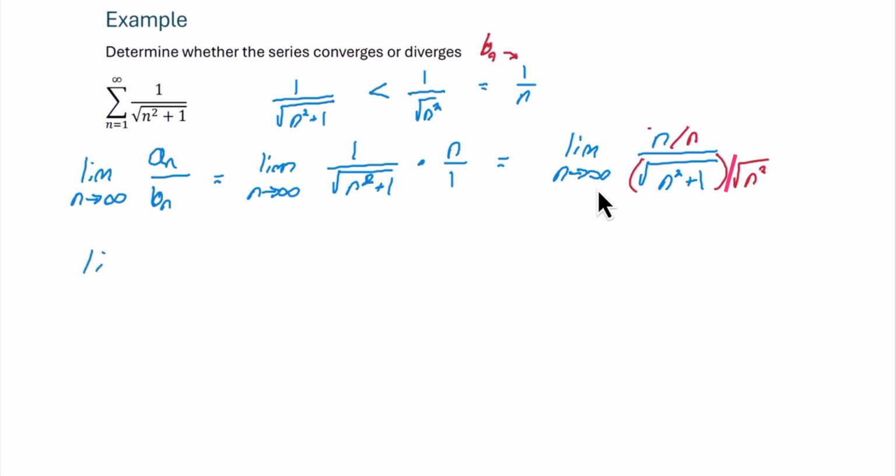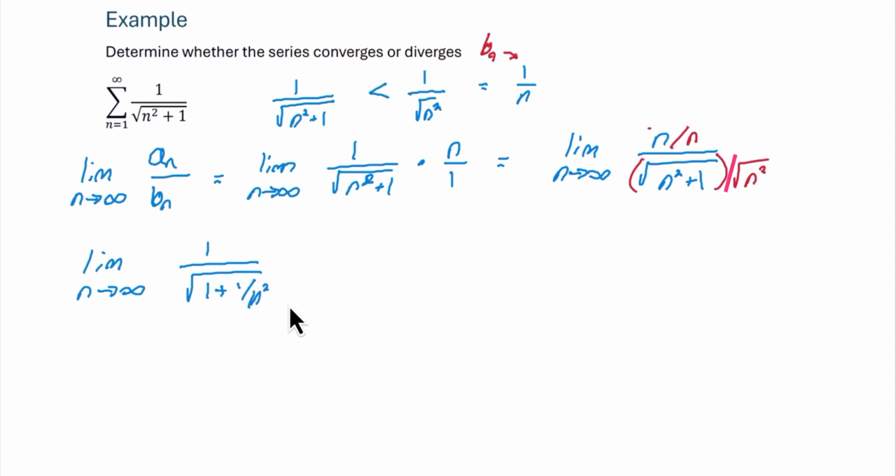We now have the limit as n approaches infinity of 1 divided by, if we push this square root of n squared under the other radical, we'll get the square root of 1 plus 1 divided by n squared.